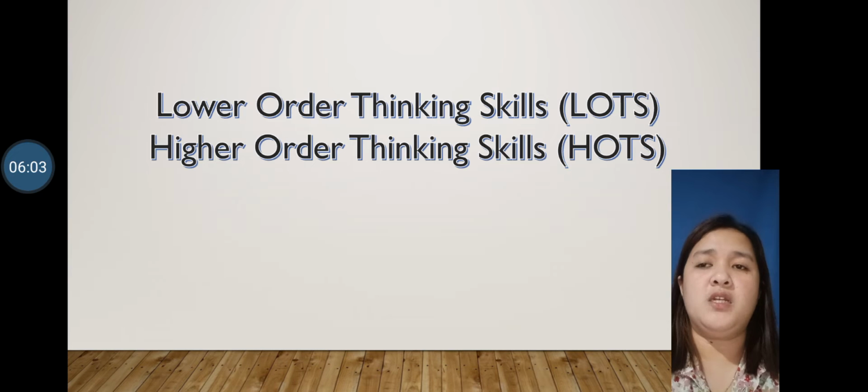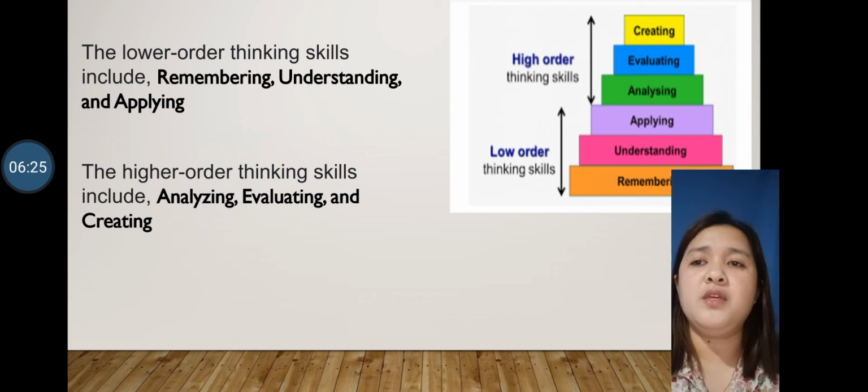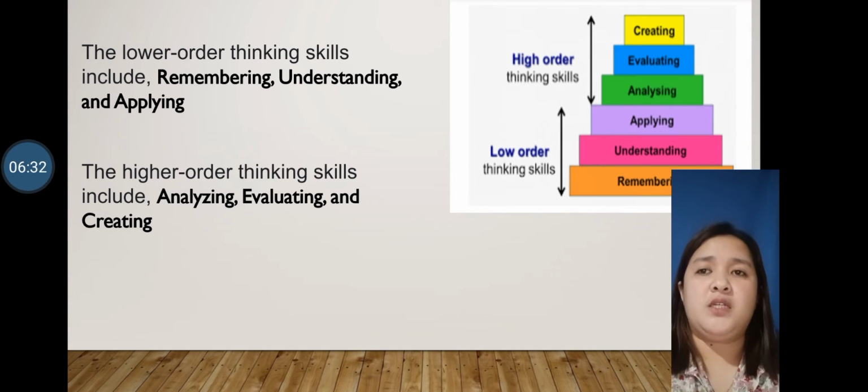The lower order thinking skills are knowledge, comprehension, and application for the old taxonomy, and remembering, understanding, and applying for the revised. The higher order thinking skills include analyzing, evaluating, and creating in the revised taxonomy. In the old, they are analysis, synthesis, and evaluation.